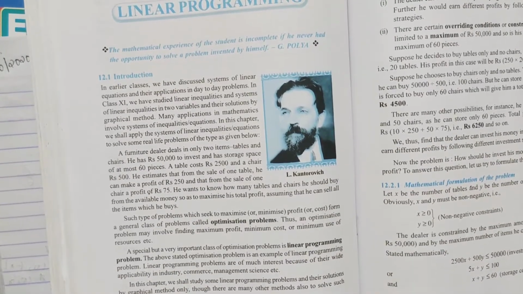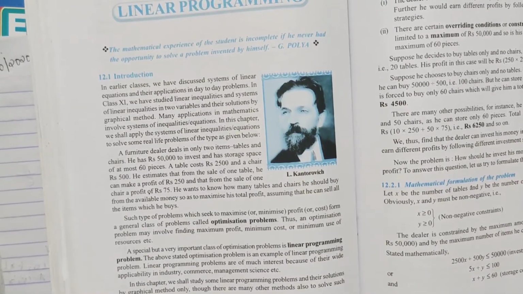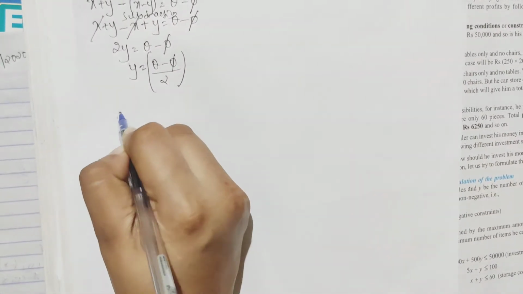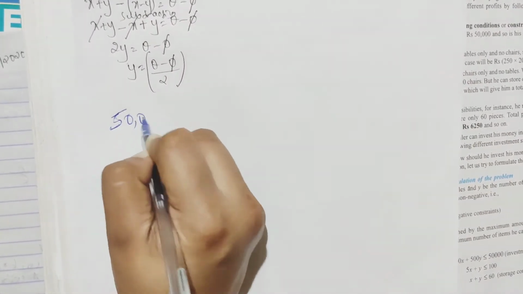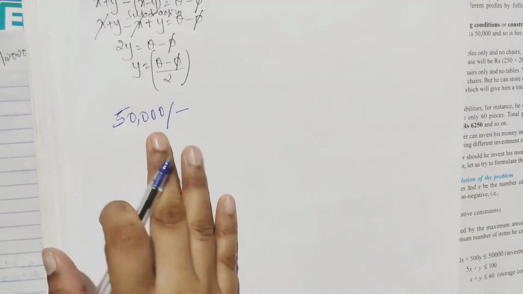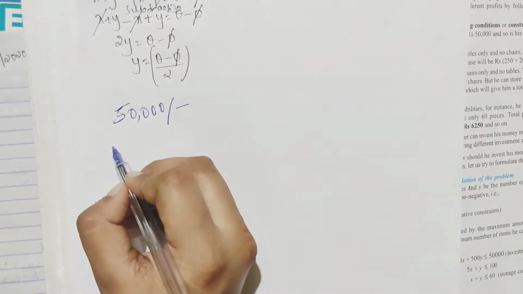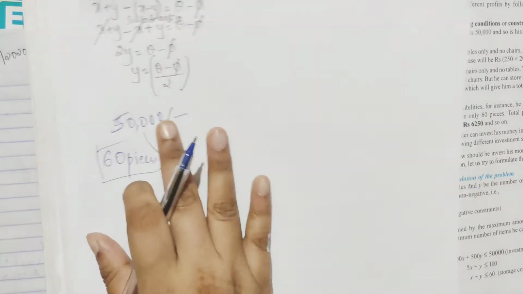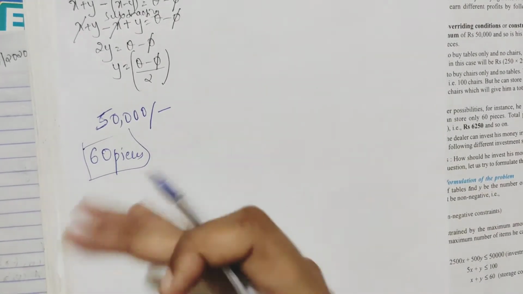Understood? In short, he has 50,000 to invest and storage space for only 60 pieces.